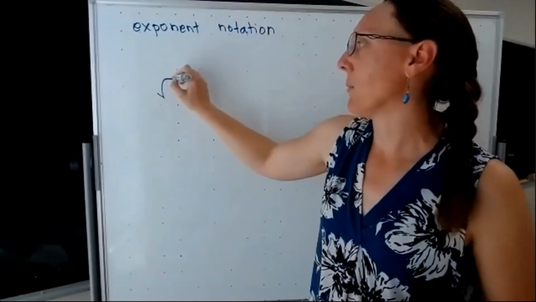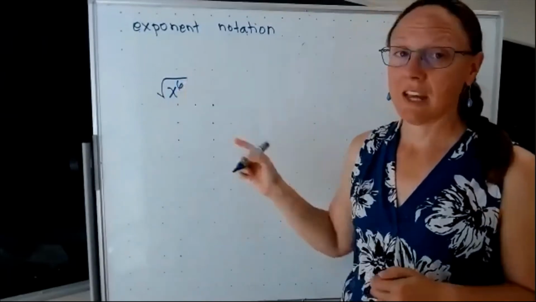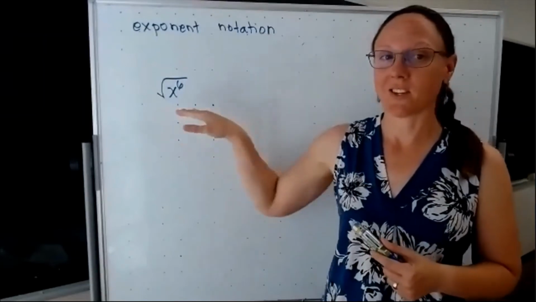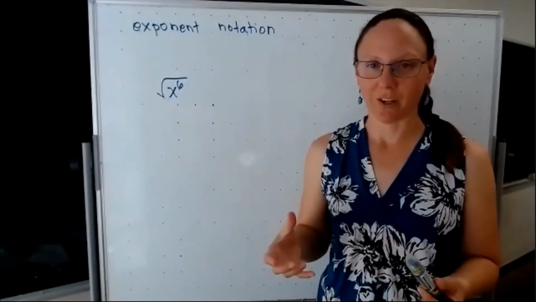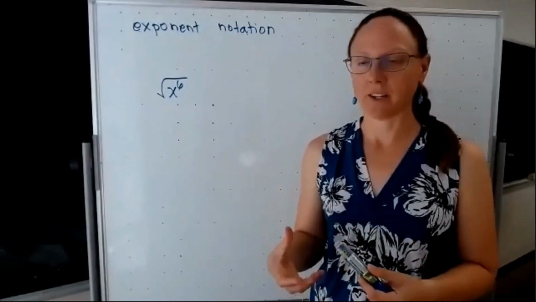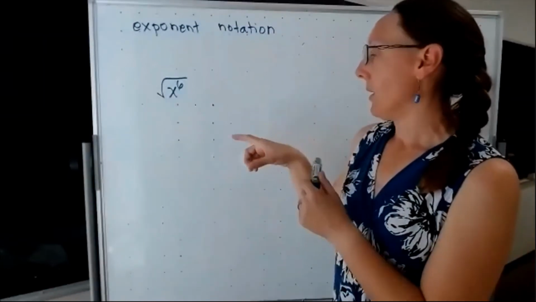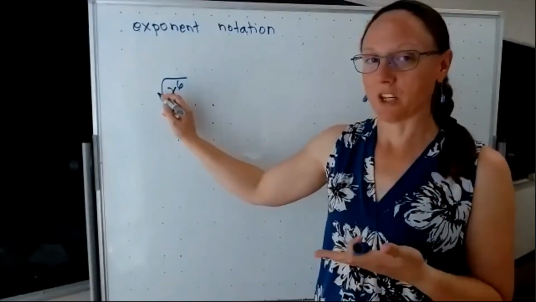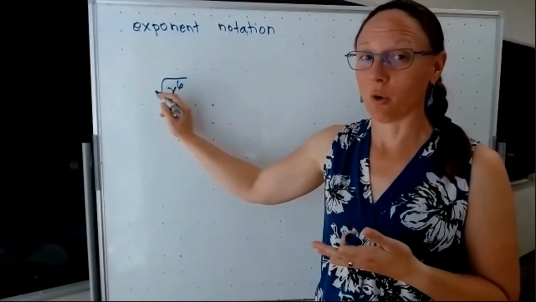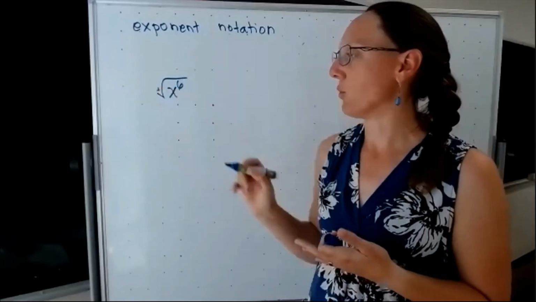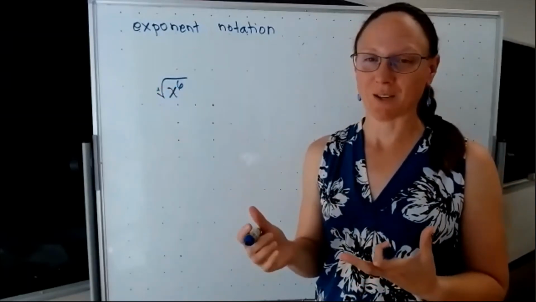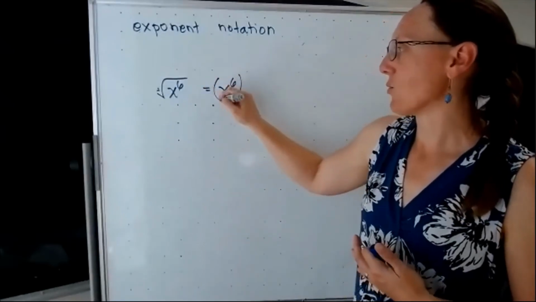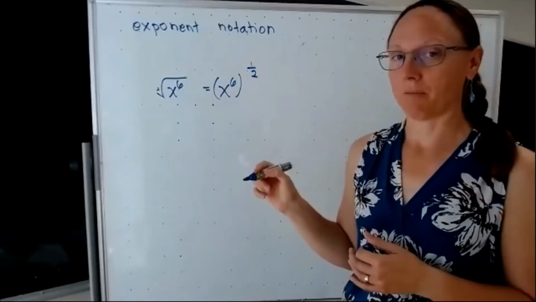So if I go back to thinking about something like x to the 6th, and then taking the square root of that, if we rewrite this so that the square root we're actually writing as a fraction exponent, the invisible number here when we talk about a square root, the thing we don't write, is this invisible 2. And as we saw with the additive law of exponents, when we have a square root, that's the same as raising the thing to the 1/2 power.